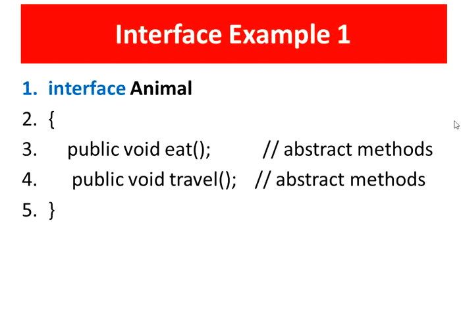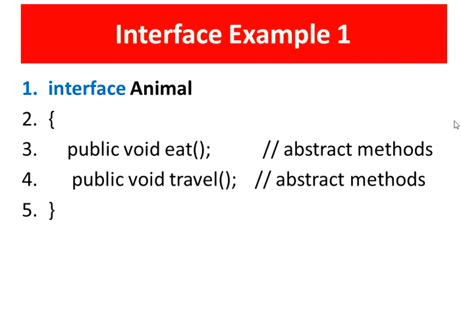Now let us see interface with a suitable program. So in this example 1, we will create an interface and we will implement its methods. As we discussed earlier, interface contains methods which are abstract in nature. So here interface Animal is created on line number 1, and we have declared two methods, void eat which is public, and second void travel which is also public.